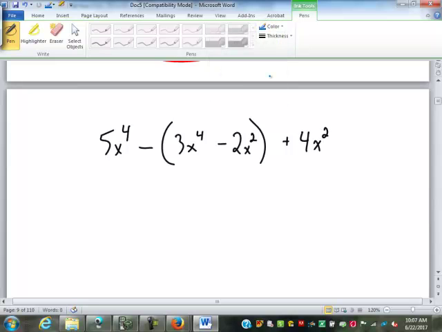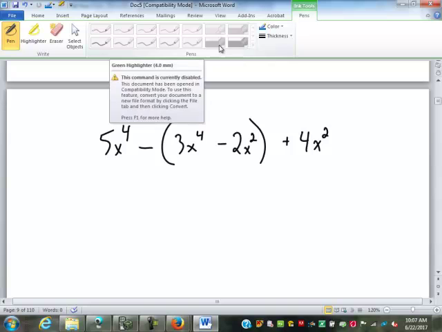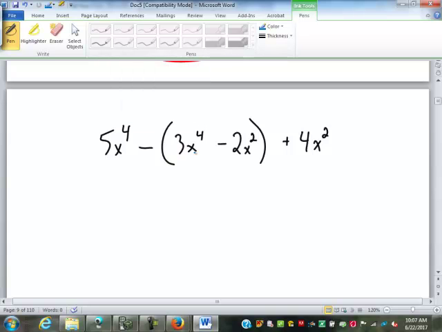So we see the parentheses. Is there anything to do inside the parentheses? Say no. Is there anything being done to the parentheses? Well, there's a minus there, but the minus is acting on the parentheses, not on any other number, right?